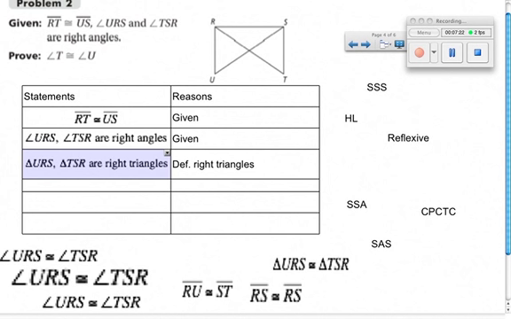I'm asking for some right triangle vocabulary here. Segments. Segment RT and segment US, that's given to me, Catherine. They're the hypotenuses of my two right triangles.